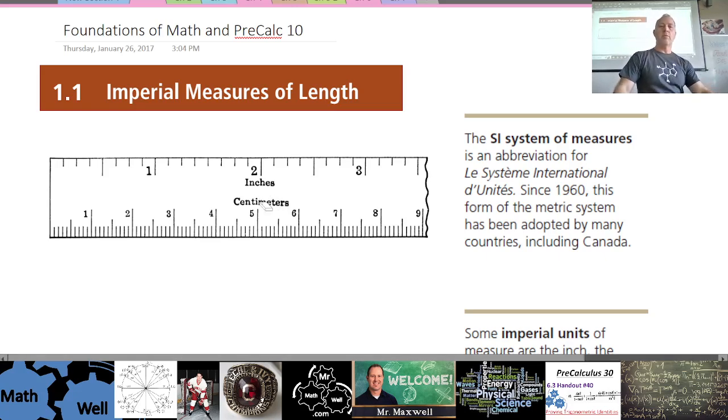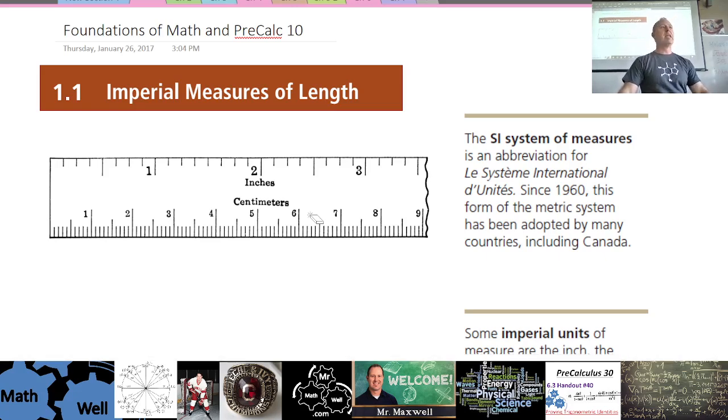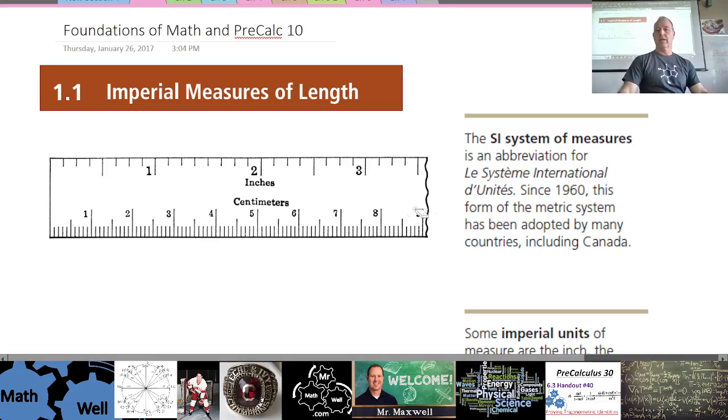And the ones that we're most familiar with are the metric units, like centimeters and meters and kilometers, right? So the speed that you travel in your car, kilometers per hour. If you're in track, you're running a race, it's a 100 meter race or a 400 meter race. So those are the metric units.